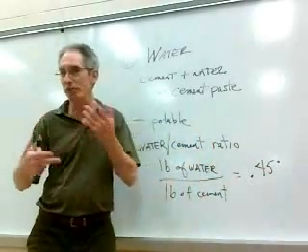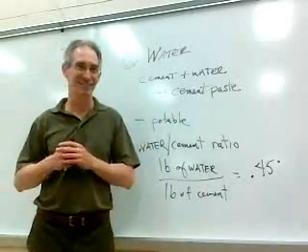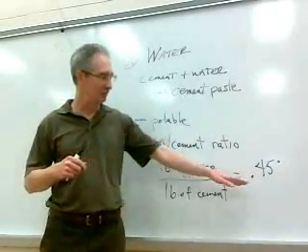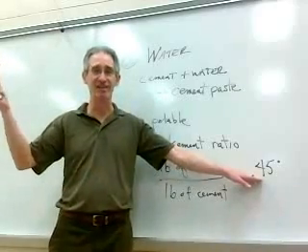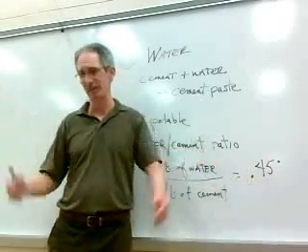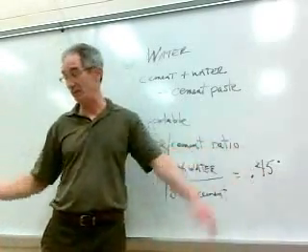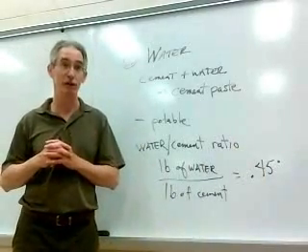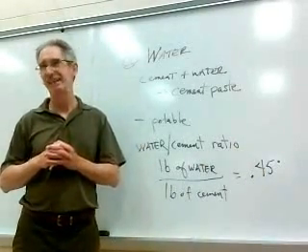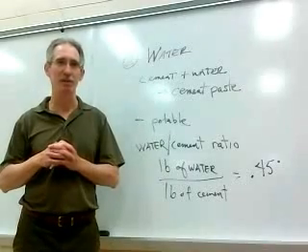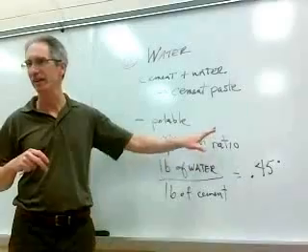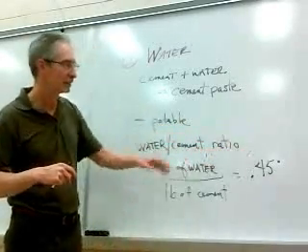But we can add admixtures that help us make it workable. We can use it higher than this, but if you're up at 0.6, it's going to be a really liquid, very fluid mix, and the strength and other things probably aren't going to be that good. But anyway, we got a lot of leeway, a lot of different things we can do, but that's important.